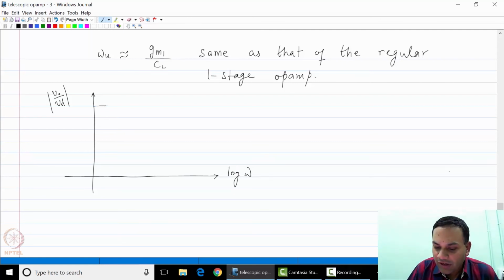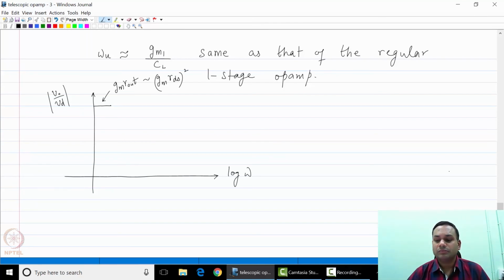At low frequencies, the telescopic op-amp has a gain Gm R out that is of the order of Gm RDS the whole square. Because R out is extremely large, the dominant pole omega d is extremely small.